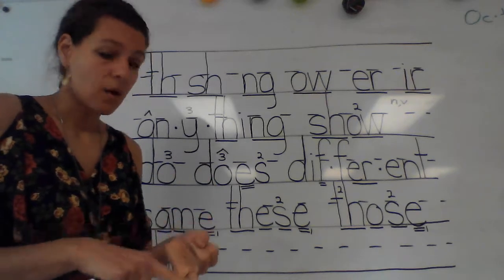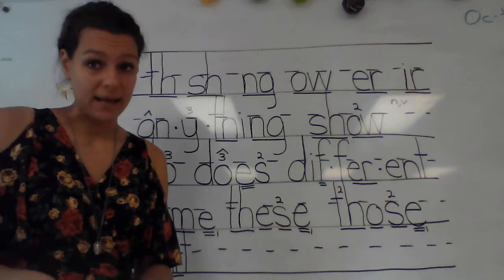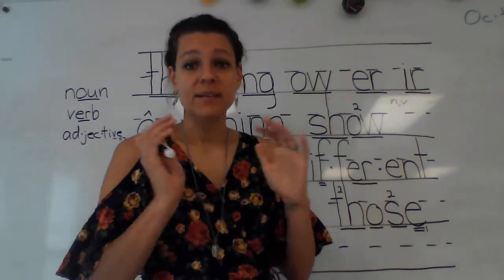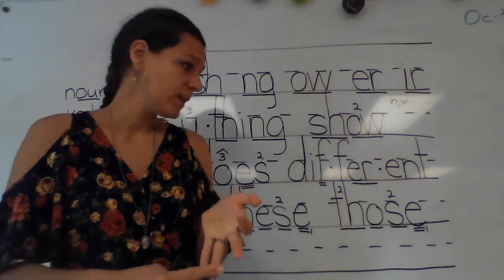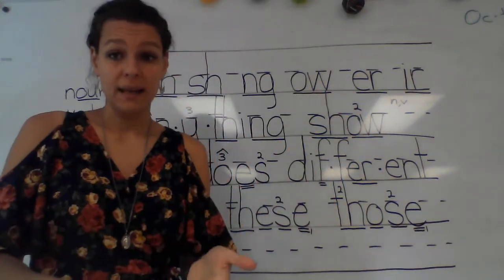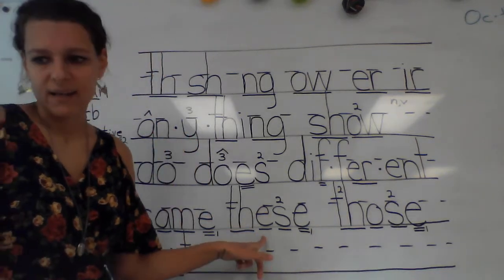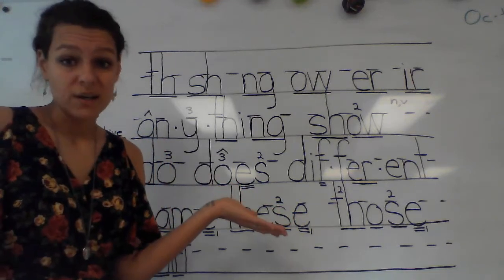Whose, what kind, which one, and how many. Right, so once again, our adjective questions: what kind, which one, how many, and whose. All right, these answers the question, which one? Which flowers are you talking about?